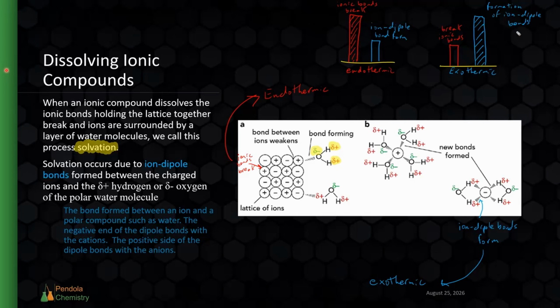Because again, formation of ion-dipole bonds is negative delta H, an exothermic process, whereas the breaking of the ionic bonds is an endothermic process. It is positive. So whether the process is endothermic, meaning delta H of solution is positive, or exothermic, meaning the enthalpy change of solution is negative, will depend on these two factors. All right?